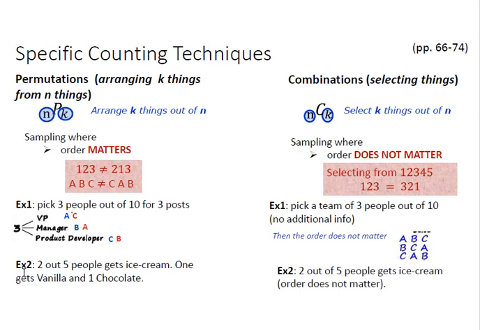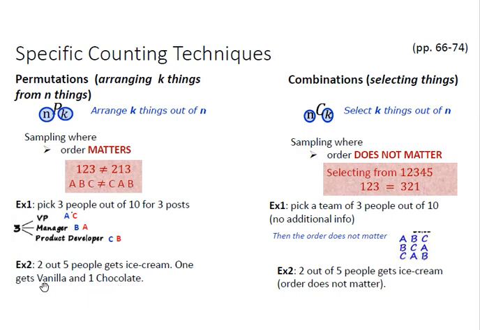Now example 2. 2 out of 5 people get ice cream. One gets vanilla and one chocolate. Again order is important here, because if we choose A and B from 5 people, then A can get vanilla and B chocolate, or B vanilla and A chocolate.